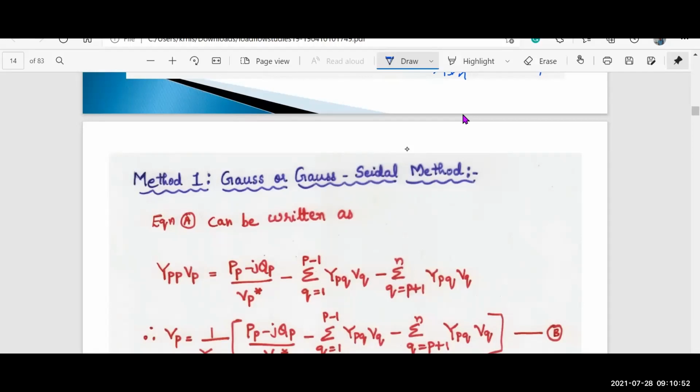But if you are preparing for ESE, then you could definitely get one or two questions from this part. That is a necessity.